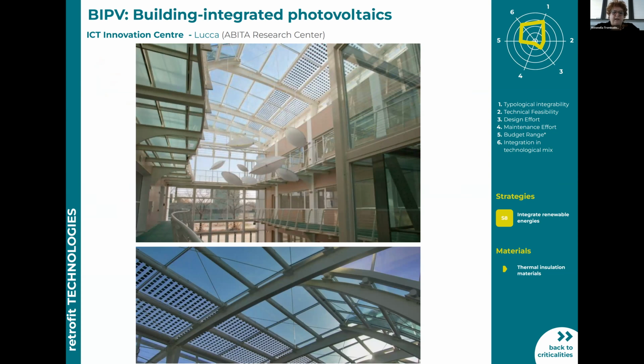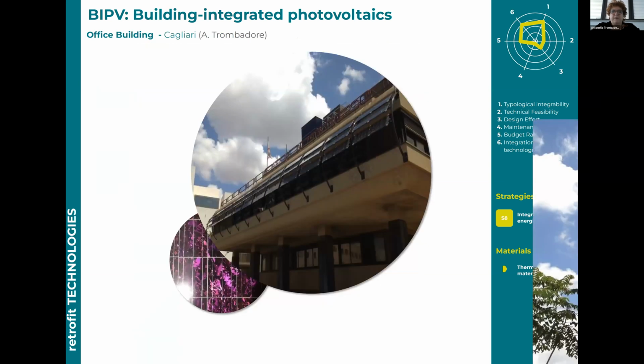Besides creating some shading device, it implements the comfort inside, creating a microclimate inside this kind of covered garden, and producing more electricity thanks to the integration of photovoltaic panels.